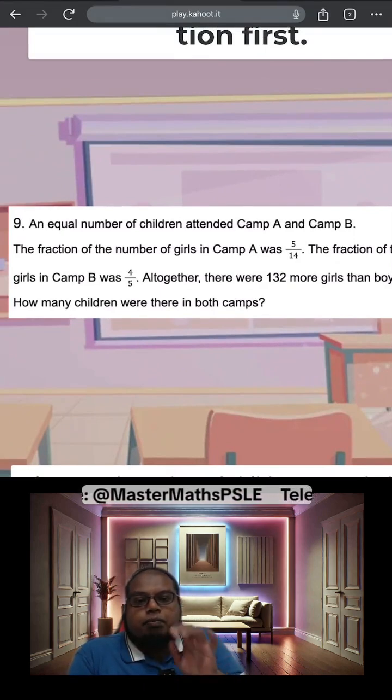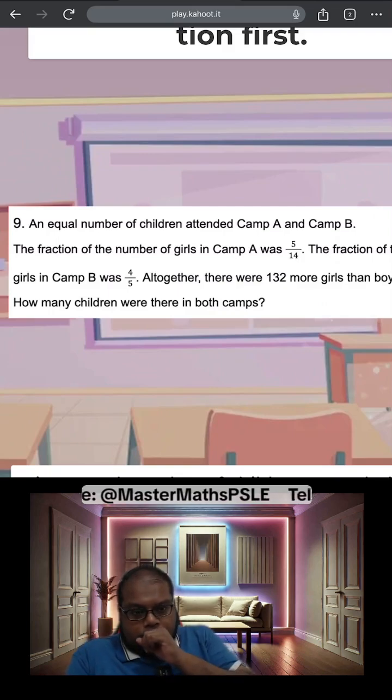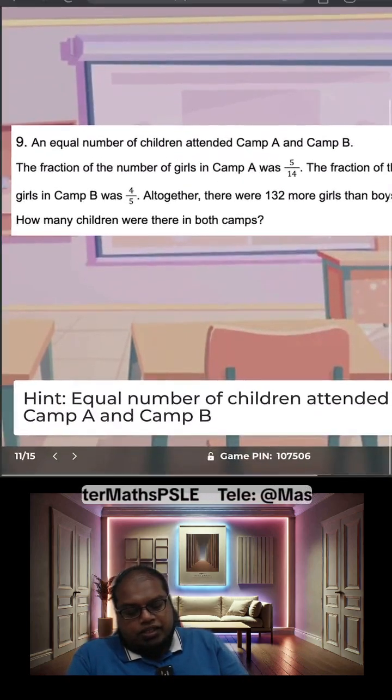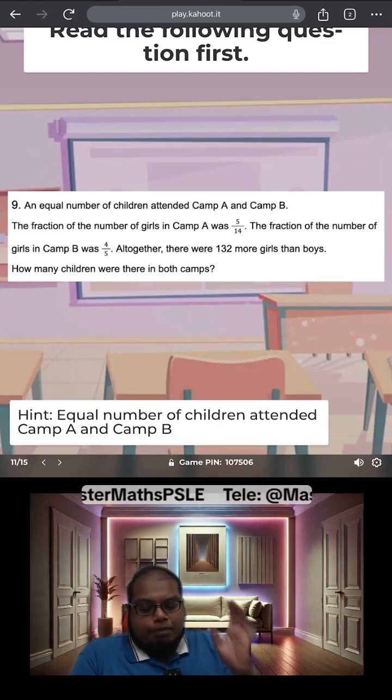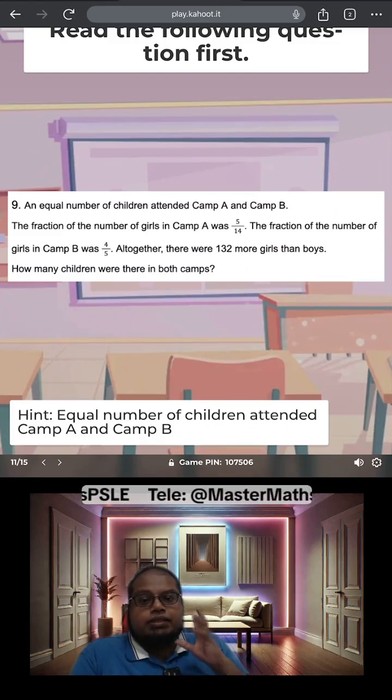Not exactly plus at the moment. Okay? There's something that you need to do first. Using this hint, equal number of children attended Camp A and Camp B. That's the clue.